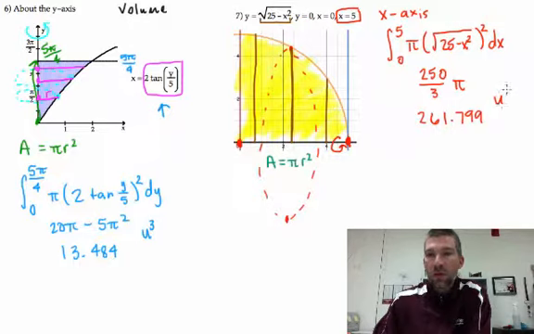And both of those are going to be units cubed because we're dealing with volume. So both of these would be what's referred to as the disk method of finding a volume, which you get almost every time that you revolve some solid around an axis. The other two things that you could use are shells and washers, and we'll look at those next.